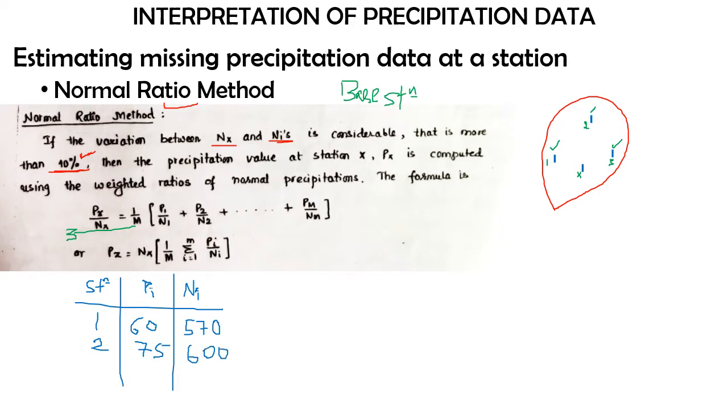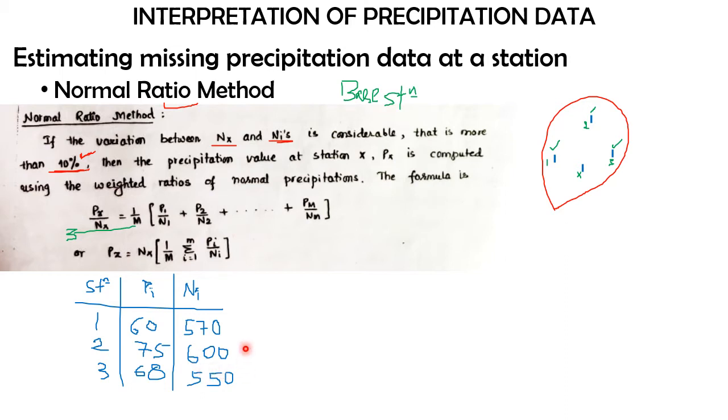And the third station, let us say, we have around 68 mm of Pi value, and similarly for the Ni value, let us say we have around 550. So these are nothing but the values of P1, P2, P3, similarly N1, N2 and N3.